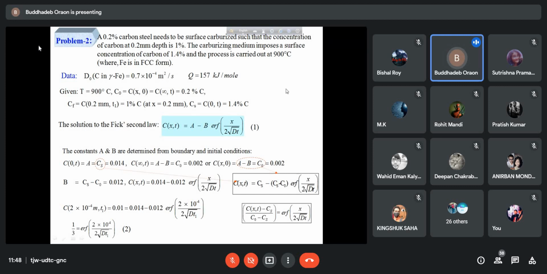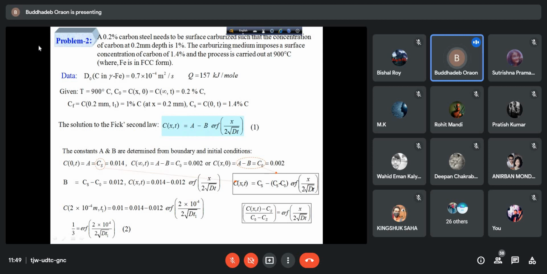So the carburizing medium imposes a surface concentration of 1.4%, and the process is carried out at 900 degrees centigrade. So this is the problem.